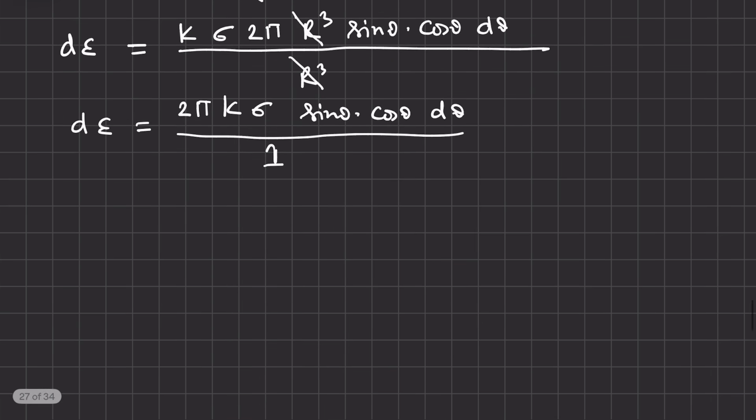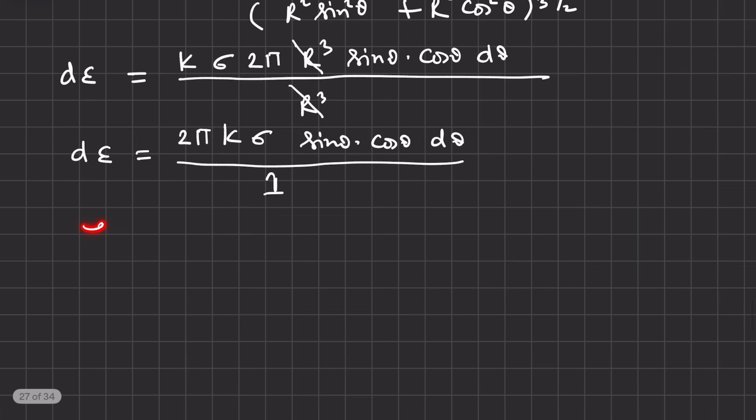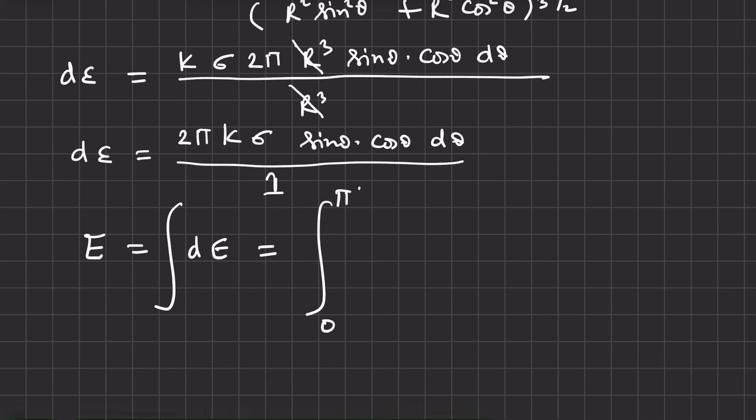Okay, so if I want to get the field E, that is integral dE, and that is equal to integral from 0 to pi by 2 of 2 pi k sigma sin theta cos theta d theta.